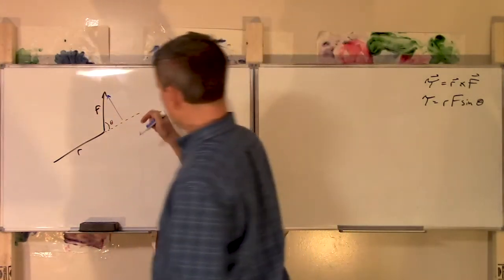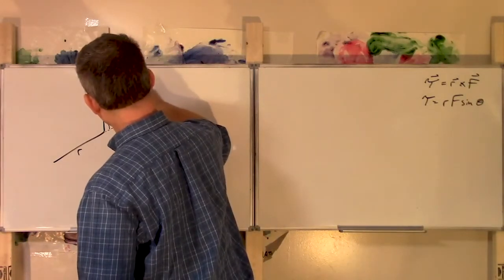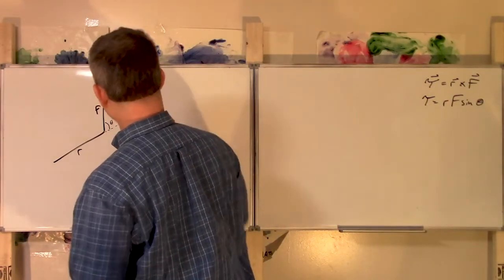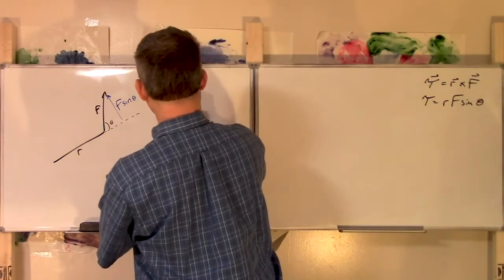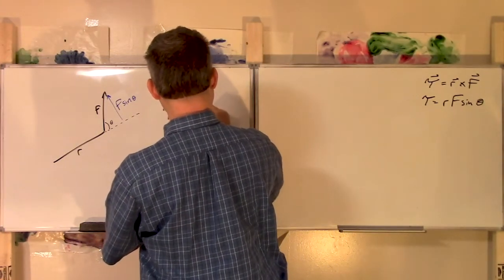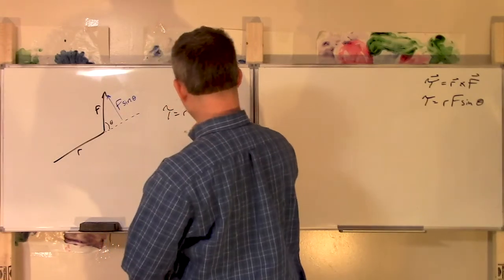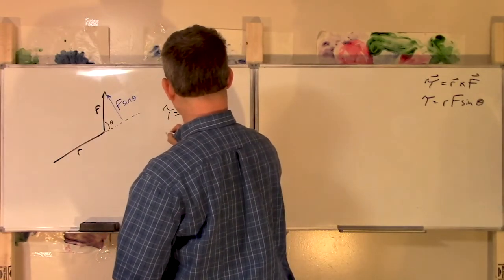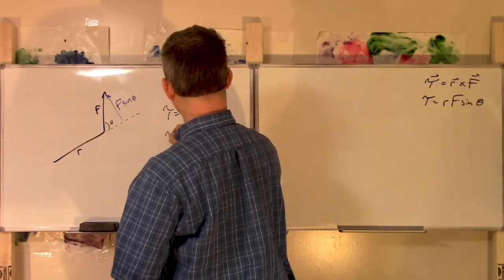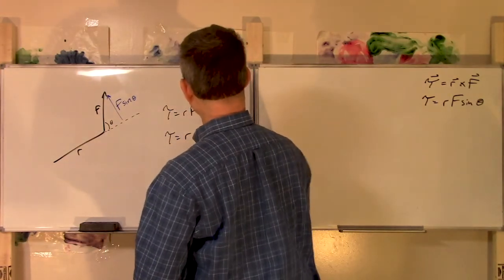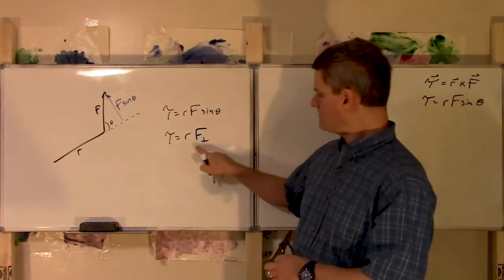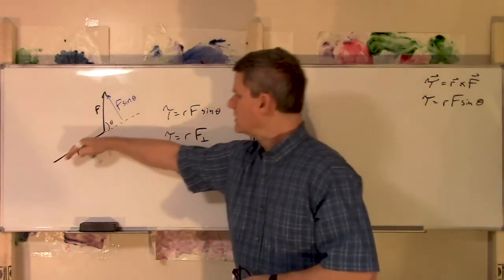That component is F sine of theta. So torque equals R F sine of theta can be written as torque equals R F perpendicular. That is the component of F that is perpendicular to the vector R.